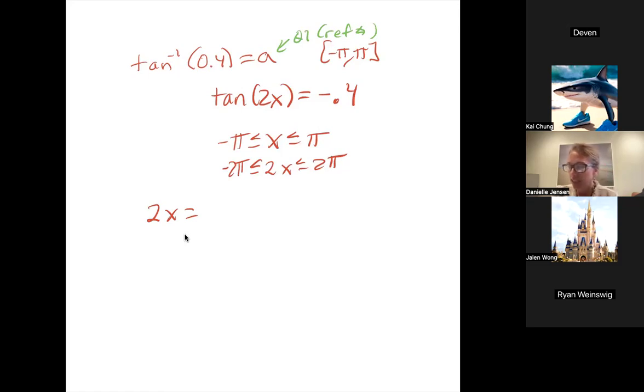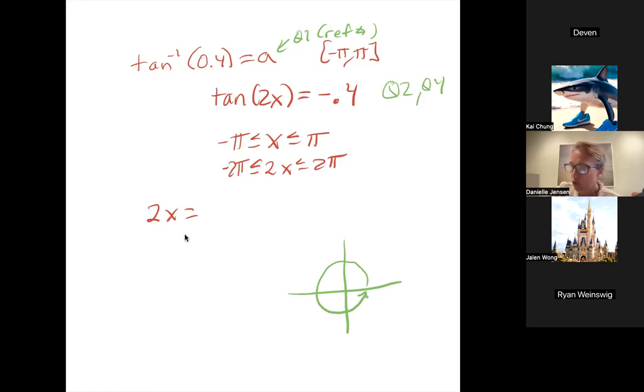Thinking about when tangent is negative, that means I'm going to give quadrant two answers and quadrant four answers. So let's use this reference angle of A to find all the quadrant two and quadrant four angles between negative 2 pi and 2 pi. I don't know why, but I first always do the positive. So I want angles in quadrant two and four when I'm going in the positive direction.